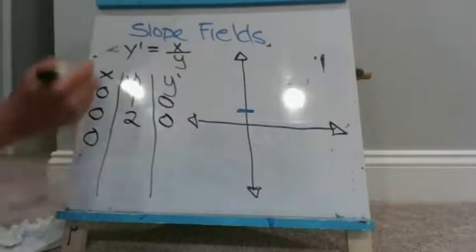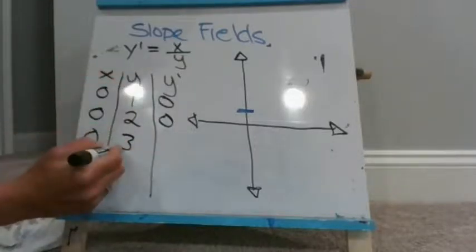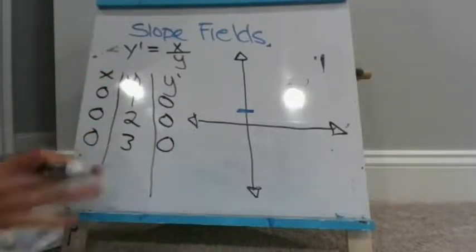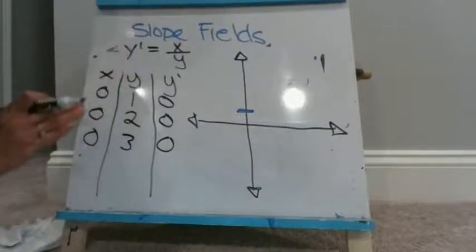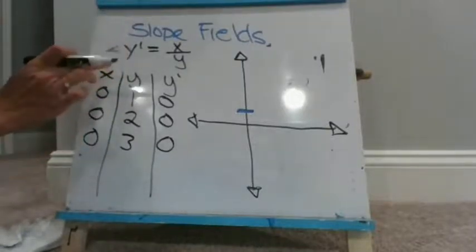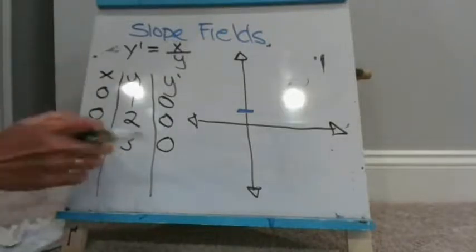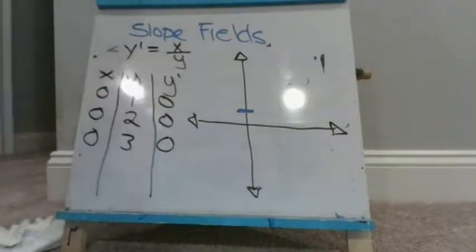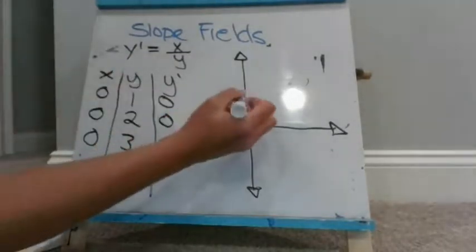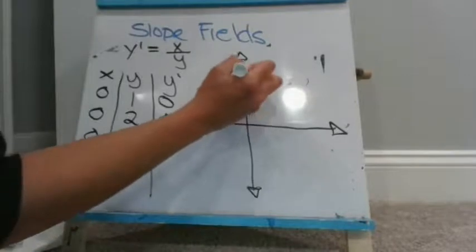And if x is 0 and y is 3, I still get 0. So for all my y values where x is 0, I get a derivative of 0. That means that every single y value will have a horizontal slope.